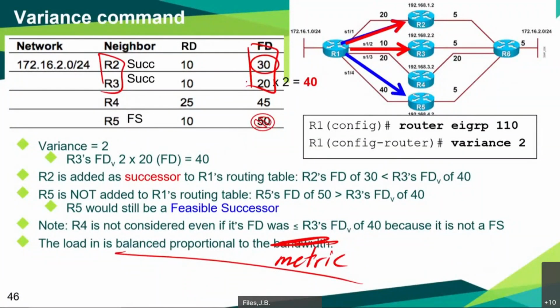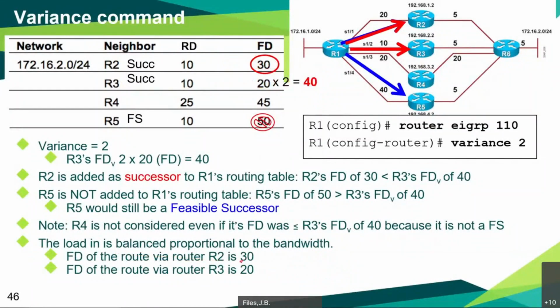So this is going to get something like, I don't know, somewhere around twice as much. It's not exactly, right? If the metric was 15, then it would get exactly twice as much, but it'll get just shy of twice as much.